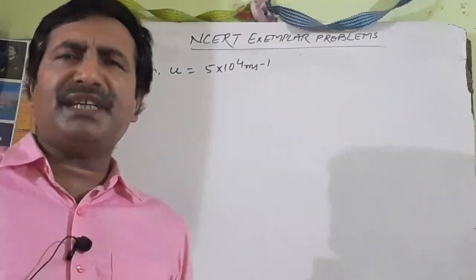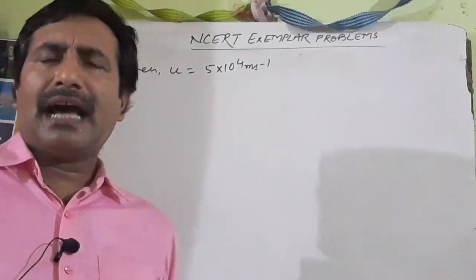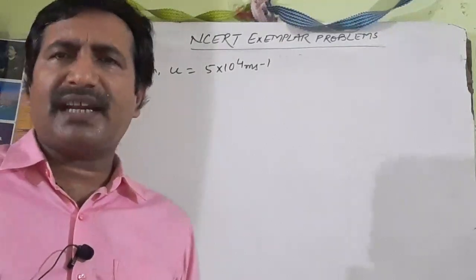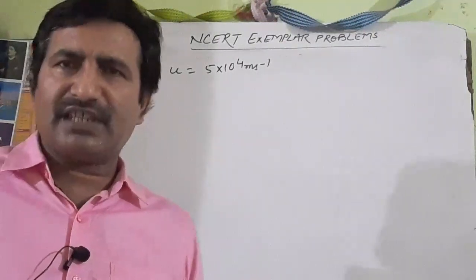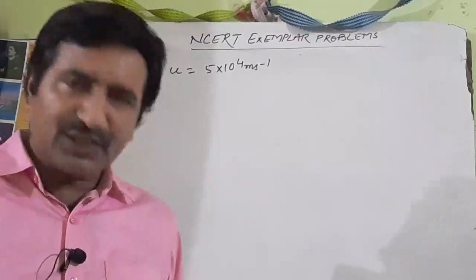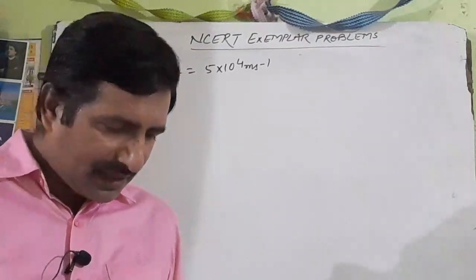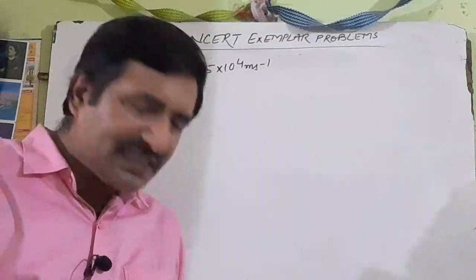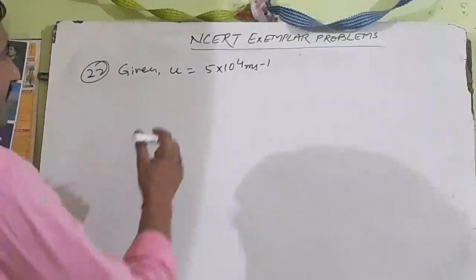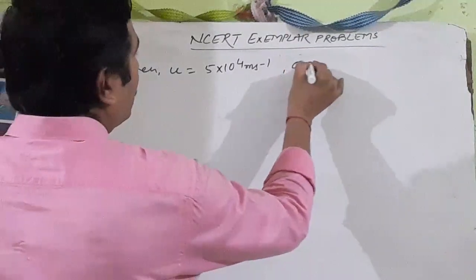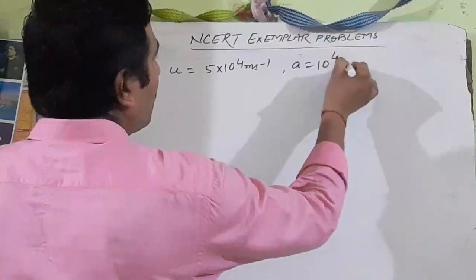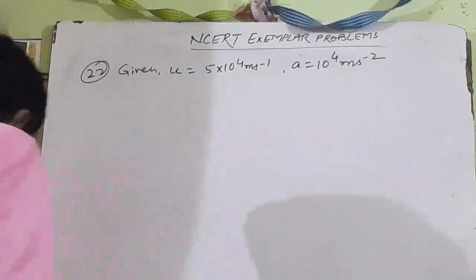So it doesn't matter whether you are aware about the concept of electric field or not. You just have to think here that acceleration is already given, acceleration is 10 power 4 meter per second square. That is, a is equal to 10 power 4 meter per second square.